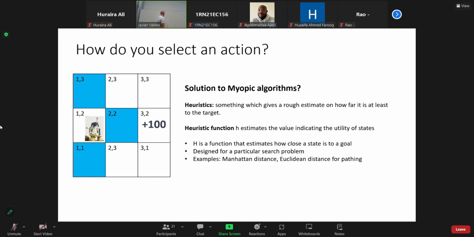Maybe. I think so. So you see, now what will be the heuristic here? Choose the path. Okay, in this case it will be this one that allows you to reach the goal by minimizing the utility or the distance that you have to your goal.